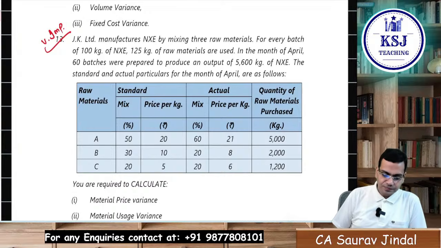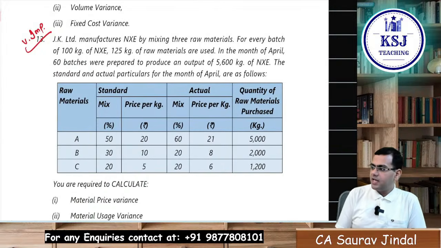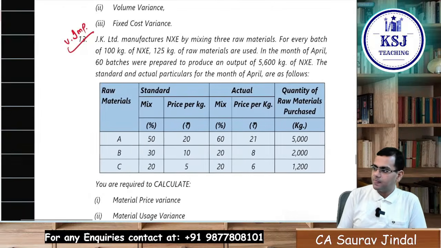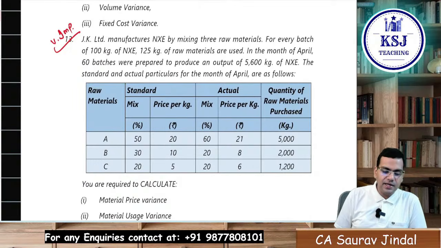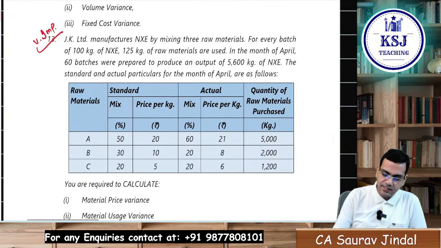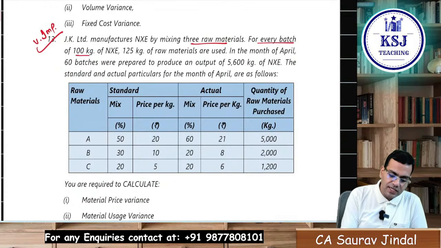Let's see here. JK Limited manufactures NXE by mixing 3 raw materials. For every batch of 100 kg of NXE, 125 kg of the raw materials are used. In the month of April, 60 batches were prepared to produce an output of 5600 kg of NXE.